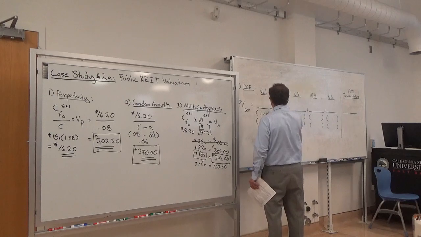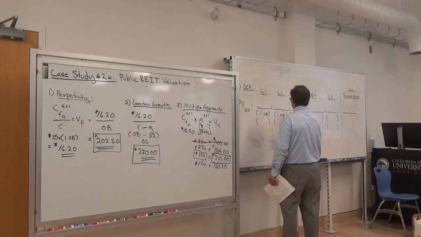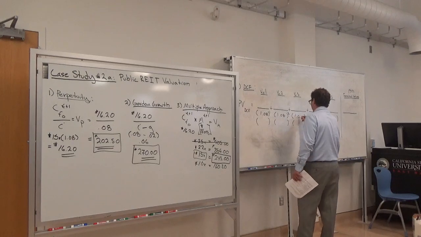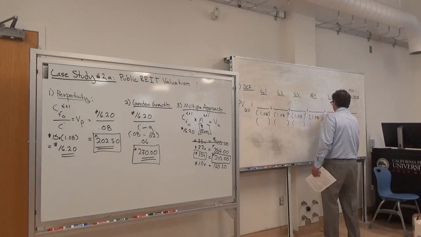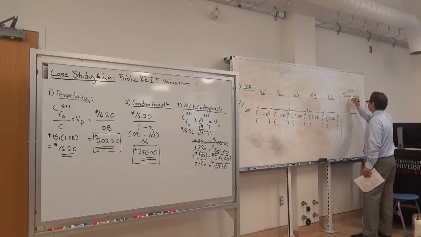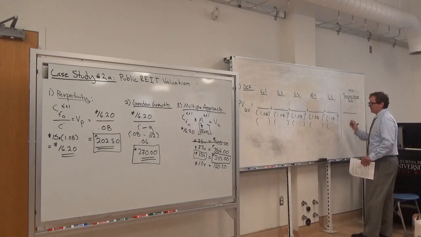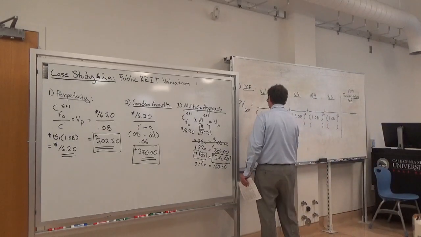1.08 to the 1, 1.08 squared, 1.08 cubed, 1.08 to the 4th. Actually, I'm going to be year 6. So what's 1.08 to the 1? 1.08.